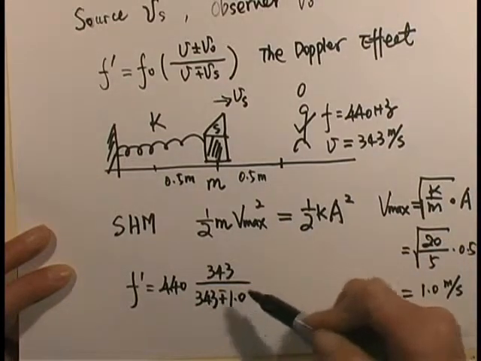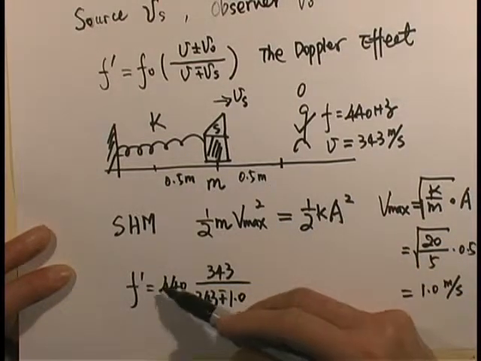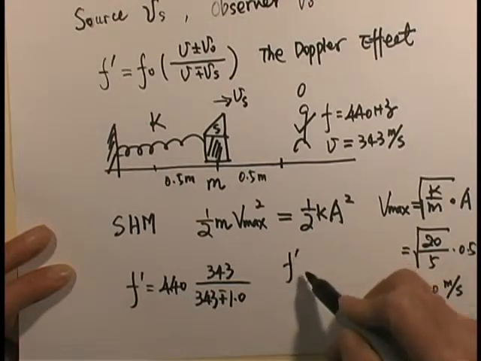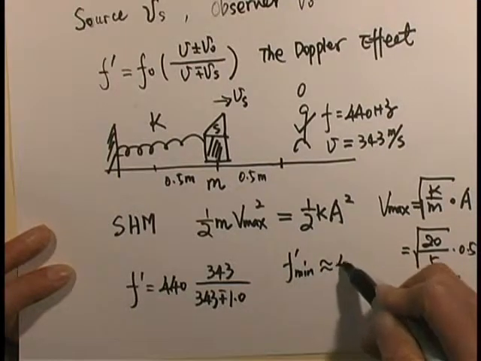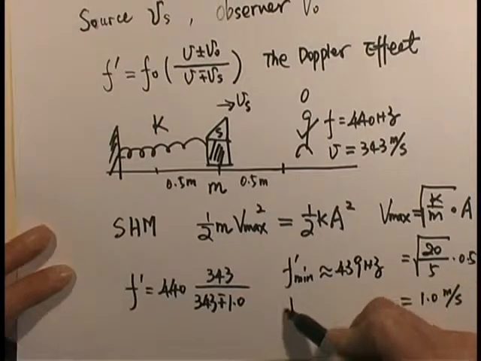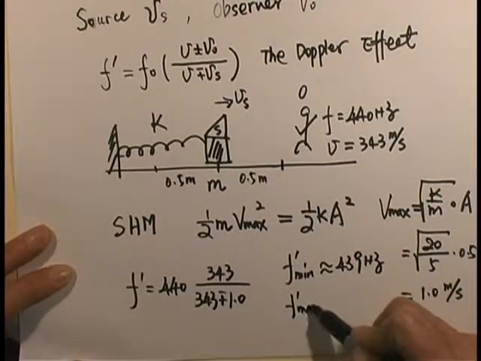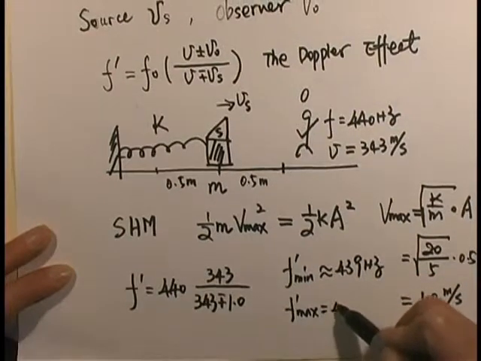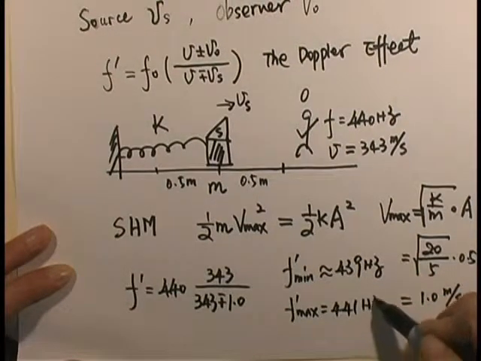Obviously if we choose plus, we get a frequency lower than 440, and in this case the minimum is very close to 439 hertz. If you do the calculation and choose minus 1.0, you will get 441 hertz.